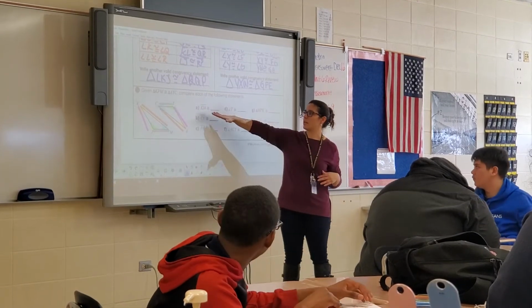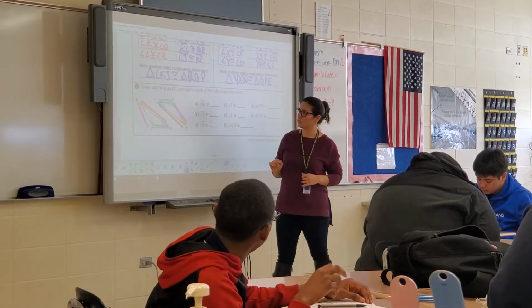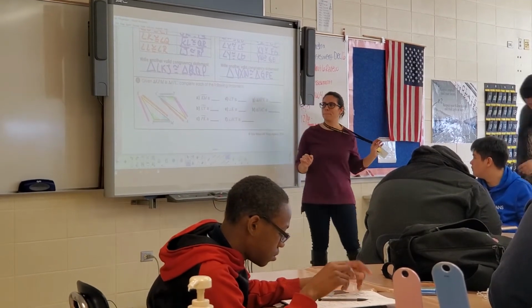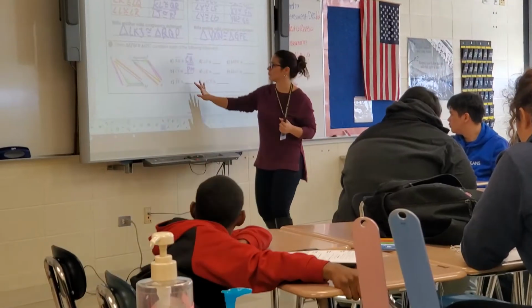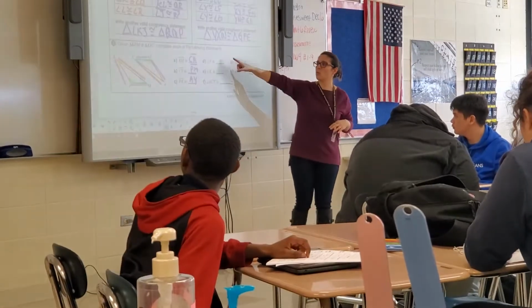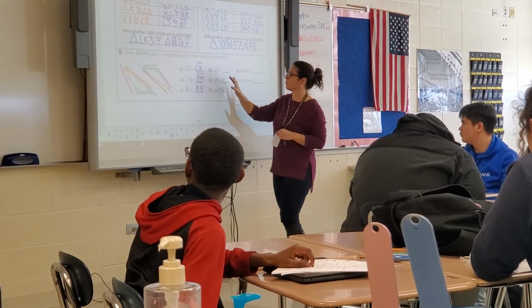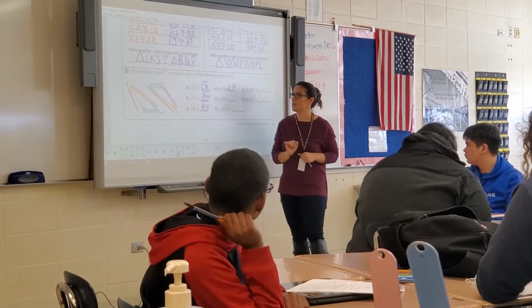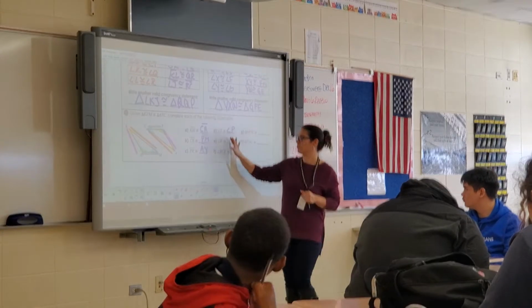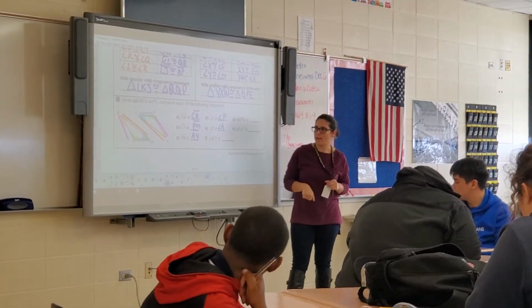So what line is KM congruent to? KM. What is it? CA. Angle Y. What is angle Y congruent to? P. Angle K. Angle ACY.